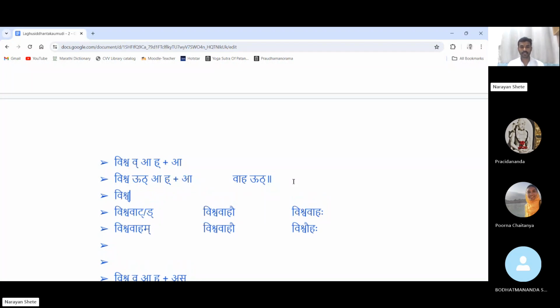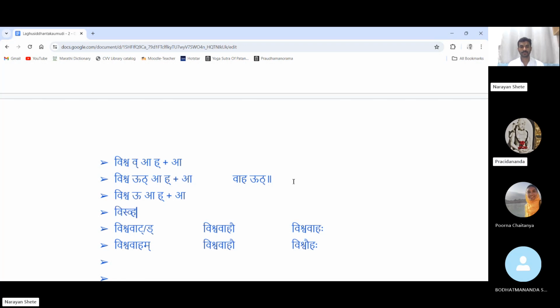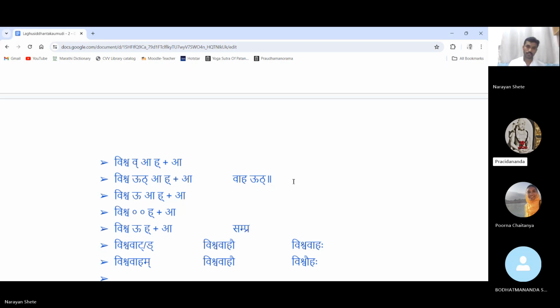Now, what will happen? Purvapara ekadesha. So, samprasaranacha. Here purva rupa ekadesha will take place by the sutra samprasaranacha.